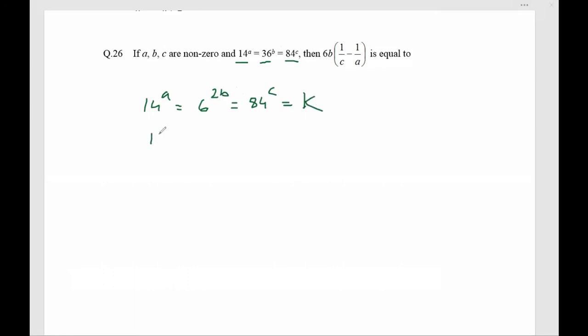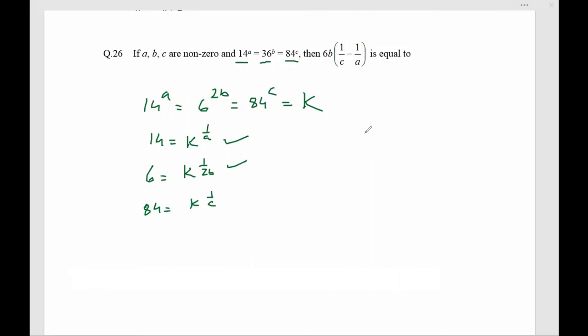So 14 is basically k to the power 1 by a. 6 is basically k to the power 1 by 2b, and 84 is k to the power 1 by c. Now if you multiply first equation and second equation, left hand side you'll get the third equation.